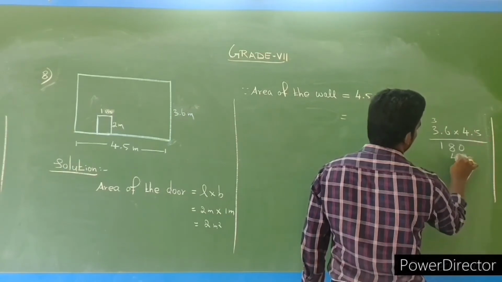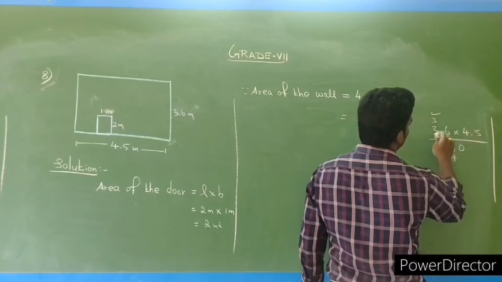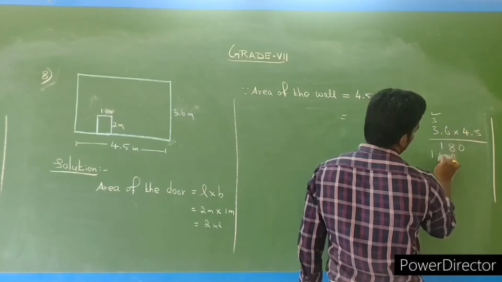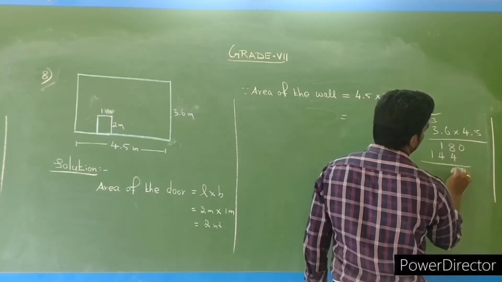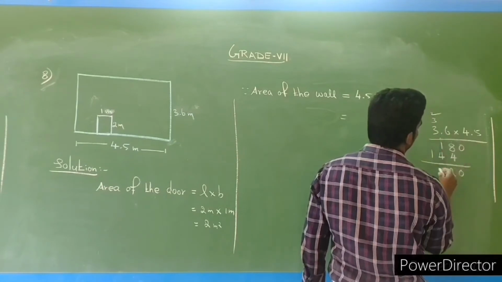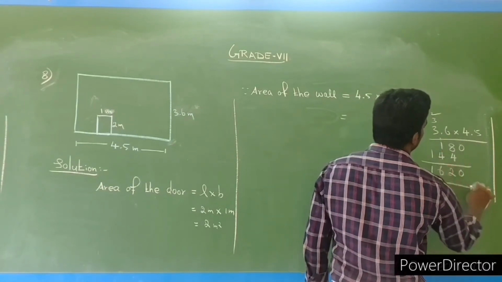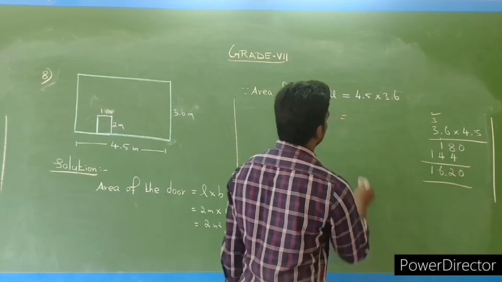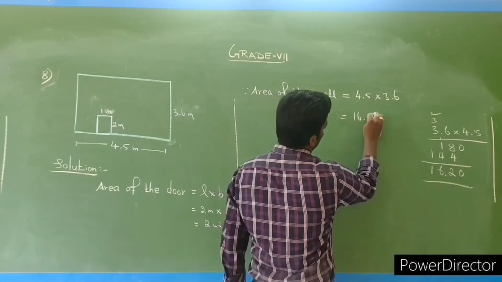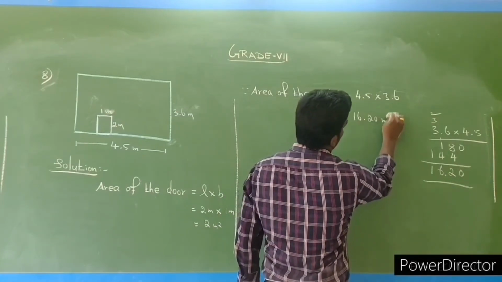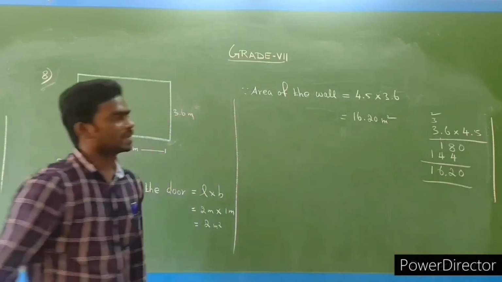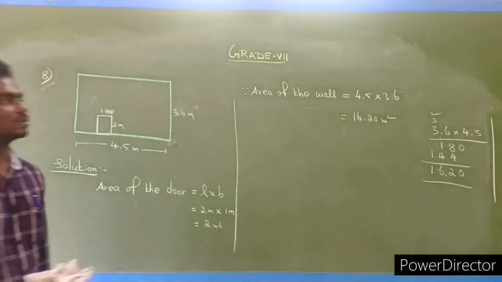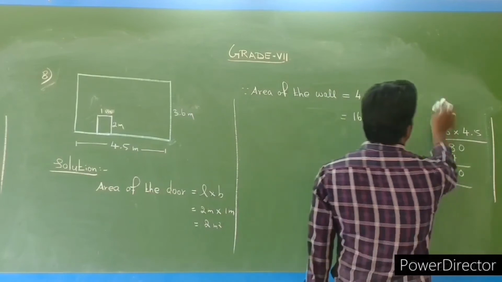Next 6 4s are 24, remaining 2. 3 4s are 12 plus 2, what is that? 14. So the value is 16.20, what is that? Meter square. So area of the wall is equal to 16.20 meter square.